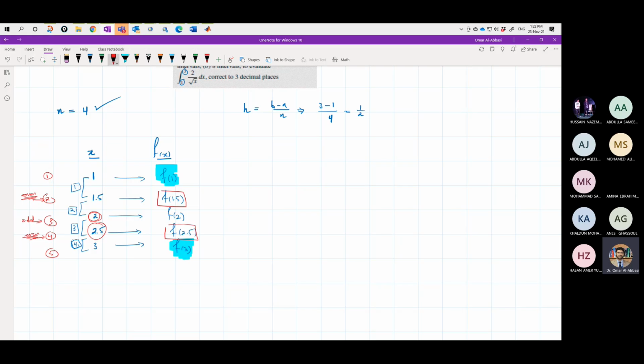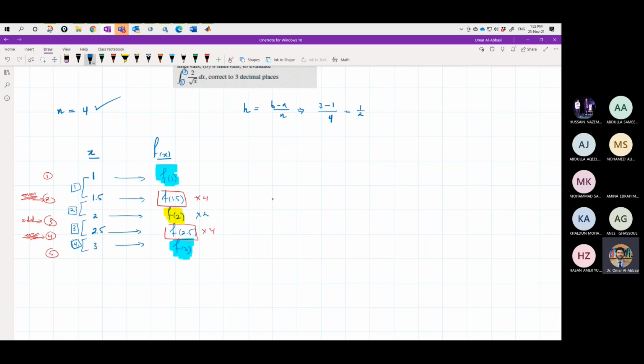We are looking at its order, its location. Is that clear? So the 1.5 is an even point. 2.5 is an even point. So they will be summed 4 times, correct? And what about point number 3? It will be summed twice.